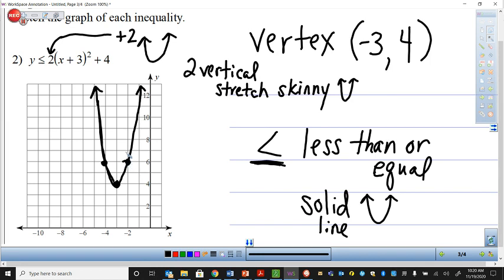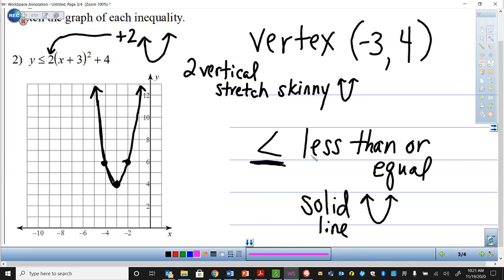Okay, now finally, shading this thing. How do you shade this thing? Okay, so it's less than or equal to. It's less than. So would less than be in here or would it be out here? Less than, do you think that's inside of this or out here?